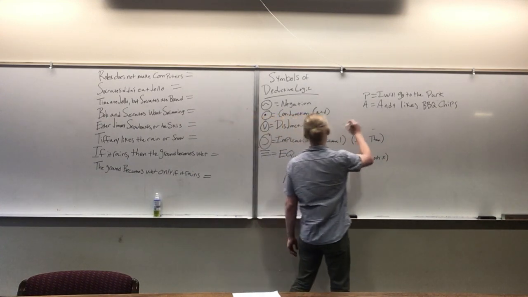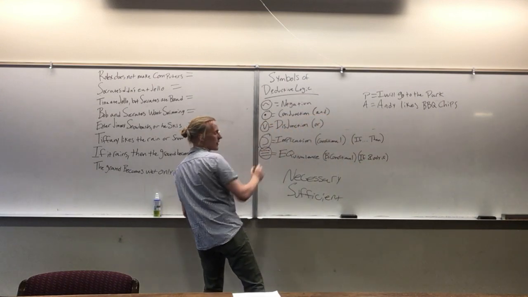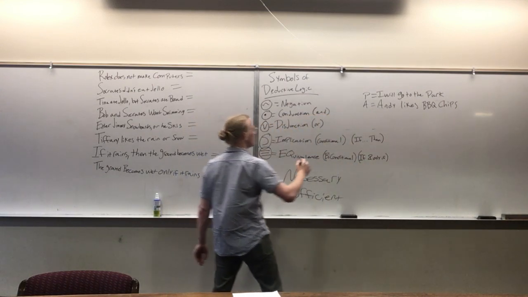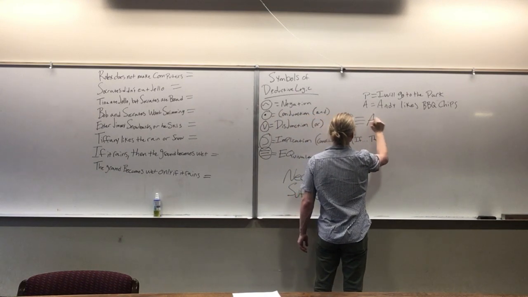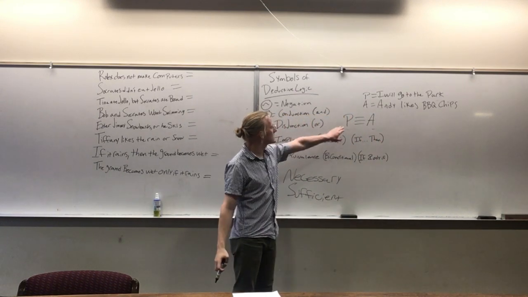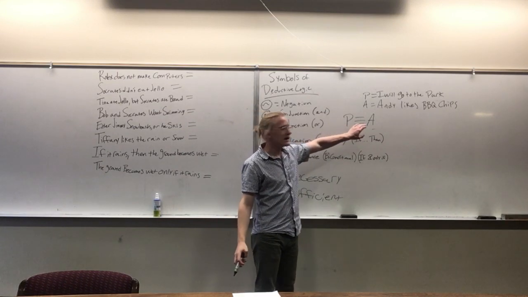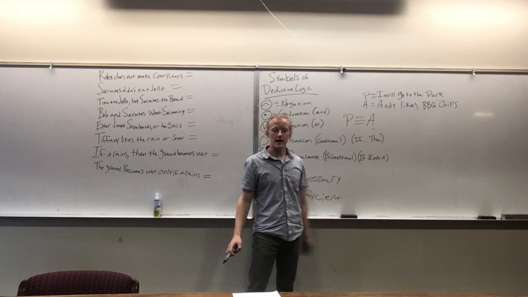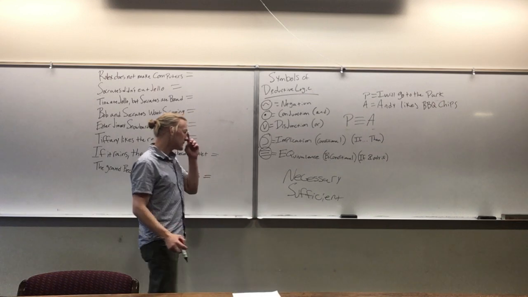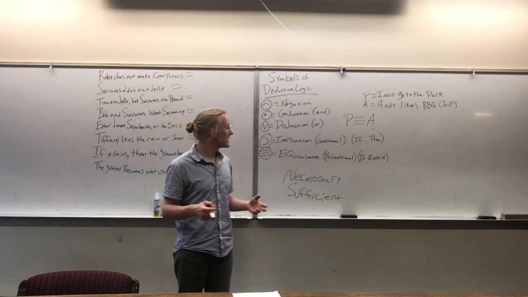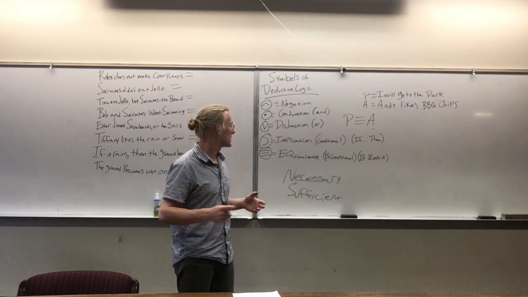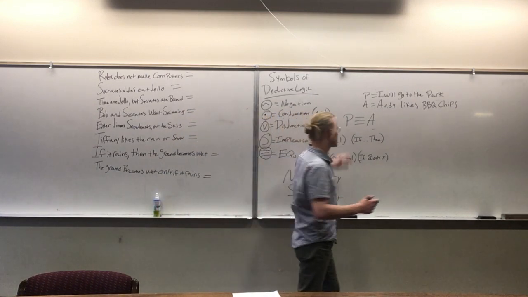And again, that's this triple bar here, we're using the triple bar notation. If I have P triple bar A, I read this as P if and only if A. So what this tells me is that I will go to the park if and only if Andy likes barbecue chips. And there's a certain way that we break this down.